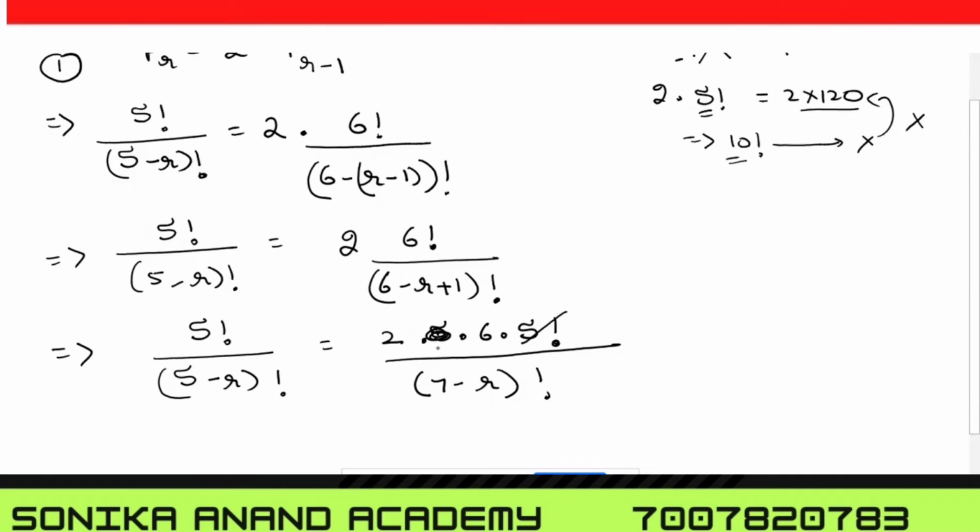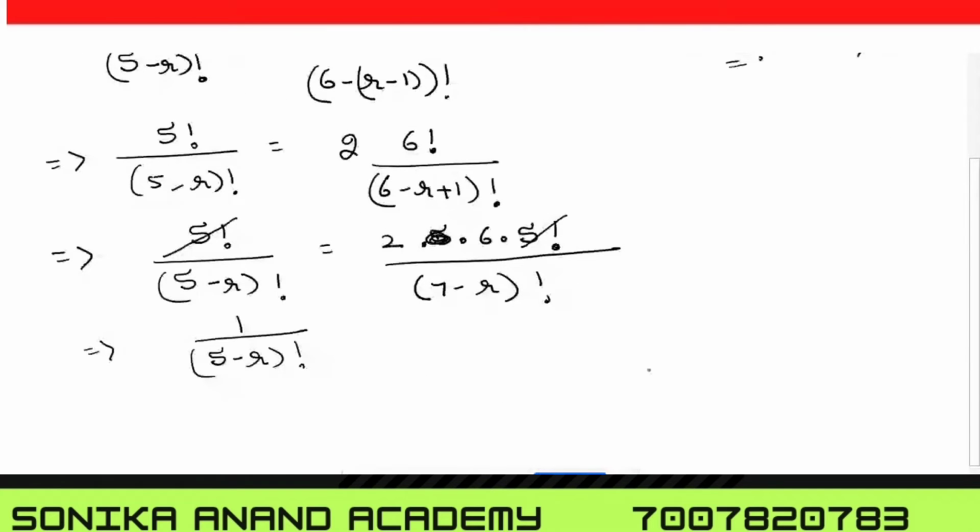Now this 5 factorial gets cancelled. And from the above formula we have 2 times 6 are 12, and here it is written as 7 minus r, 6 minus r, then 5 minus r factorial, so that I can cancel them. Clear?